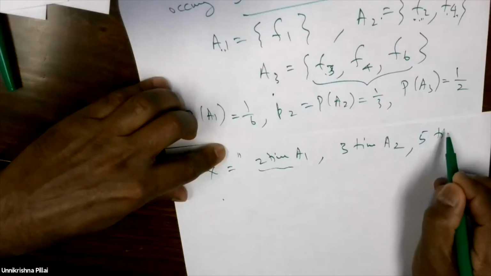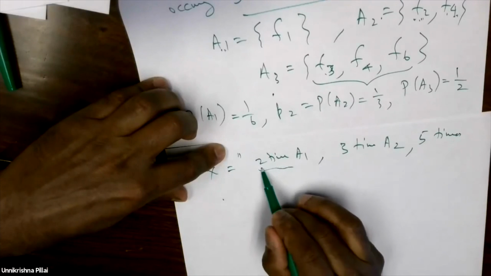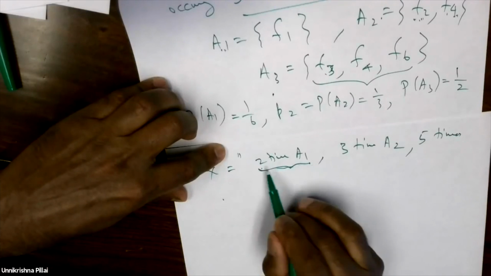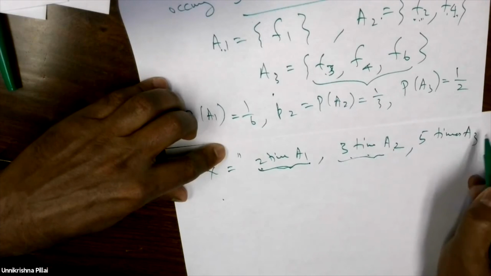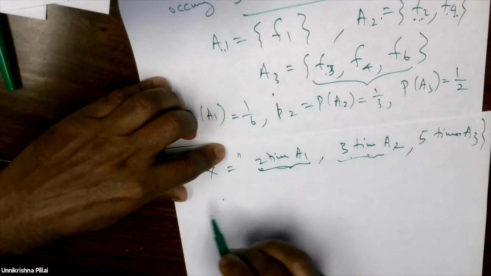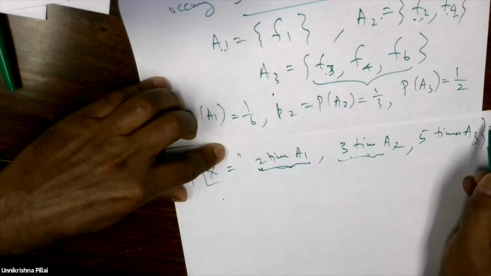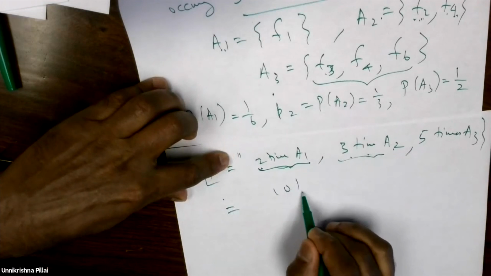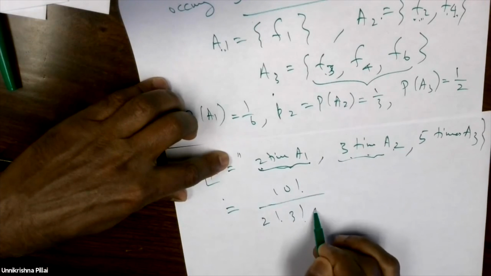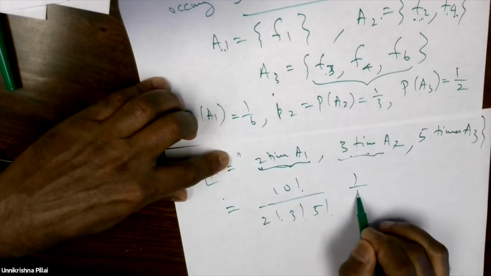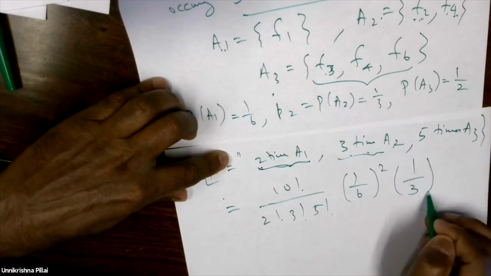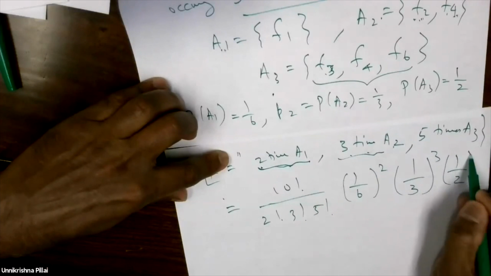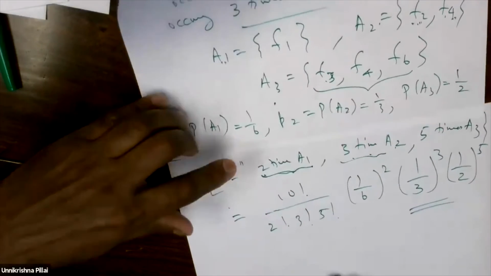So what we are interested in is A1 occurring 2 times, A2 occurring 3 times, and then A3 must occur 5 times. So the probability of x equal to this is 10 factorial divided by 2 factorial, 3 factorial, 5 factorial, P1 to the power 2, P2 to the power 3, and P3 to the power 5. Okay, so this is the way you solve problems of this type.